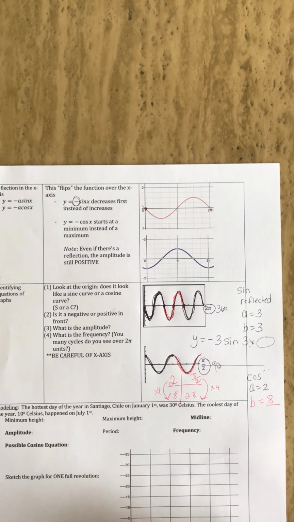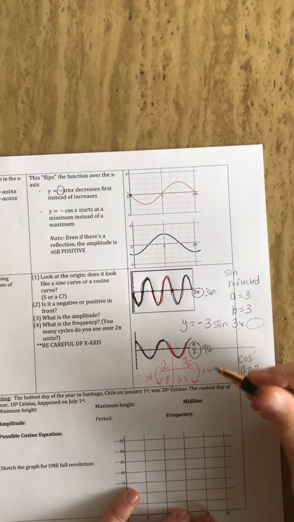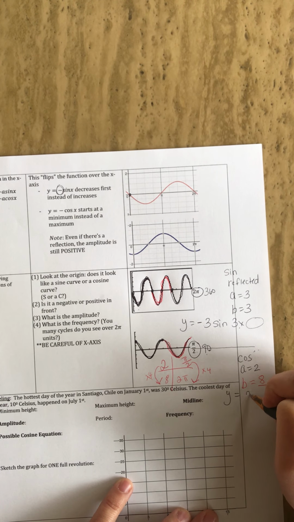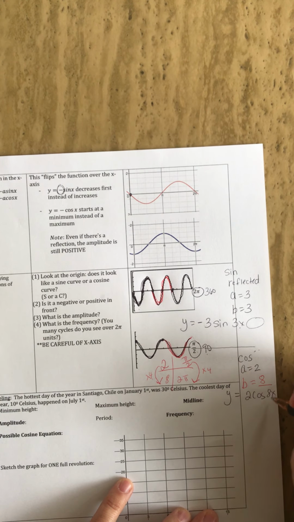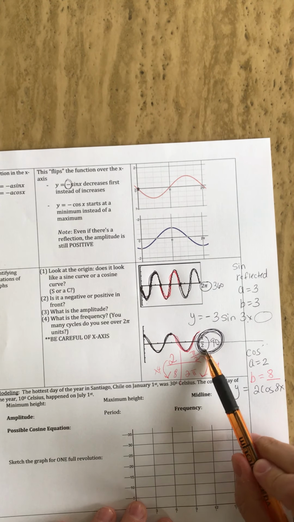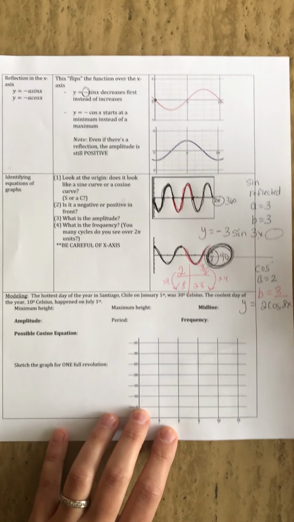So my B is going to be 8. So we put all that together and we get y is equal to 2 cosine 8x. So just be very, very careful with that when you do anything independently.